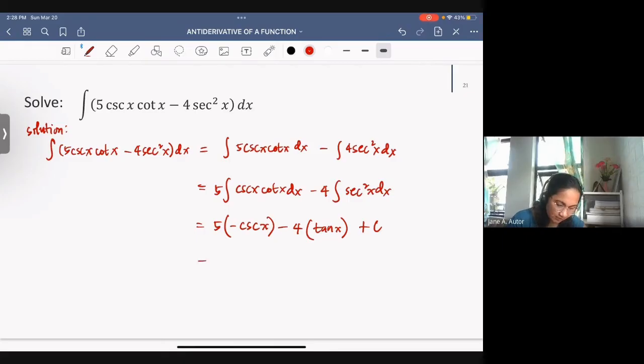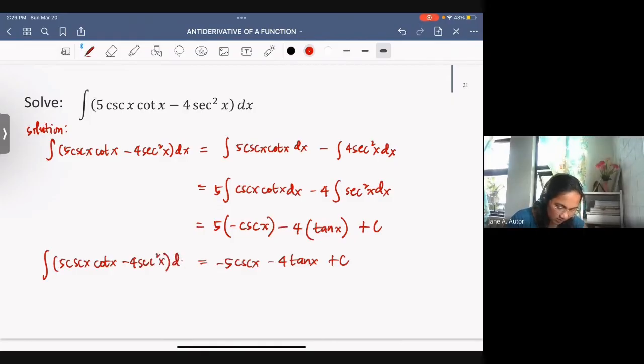So this is now negative 5 cosecant x minus 4 tangent x plus c. This is the antiderivative of 5 cosecant x cotangent x minus 4 secant squared x with respect to x. I hope that this is clear to you, my dear students.